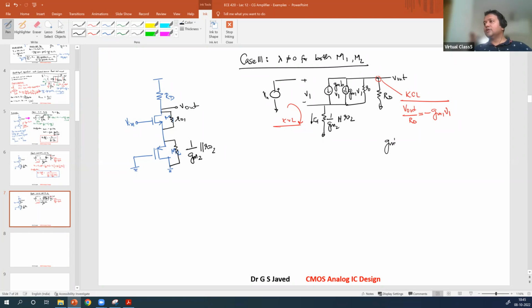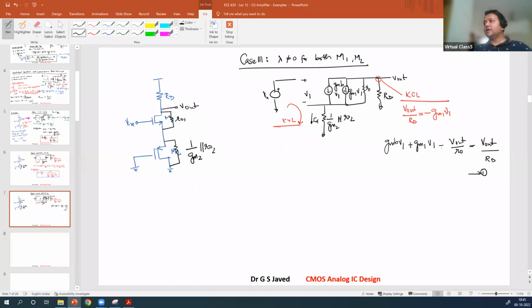So GMB V1 plus GM1 V1 plus V0 by R out is equal to the current that is flowing here, V out by RD. So this is one equation.